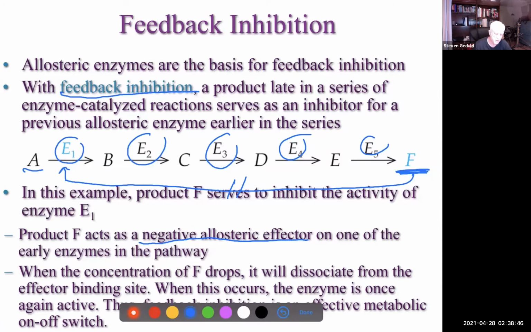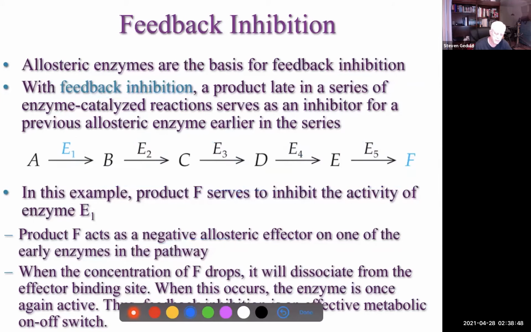So when the concentration of F goes down, it will dissociate from the effector binding site. When that occurs, the enzyme is once again active. So the feedback inhibition is an effective metabolic on-off switch.